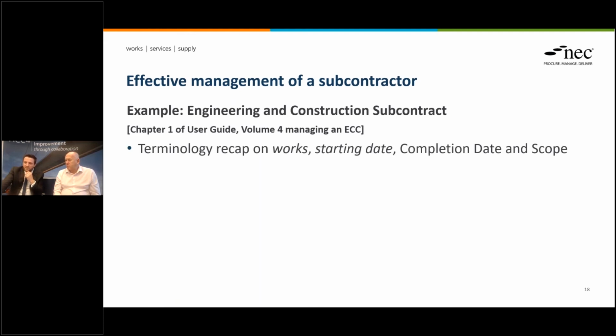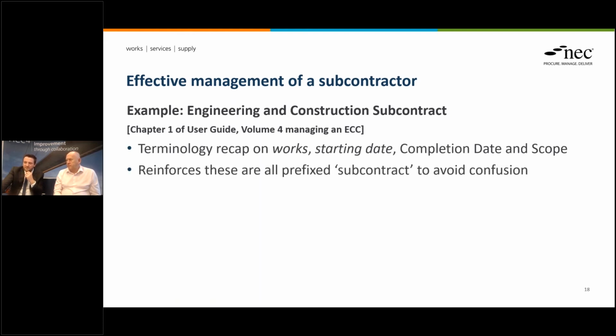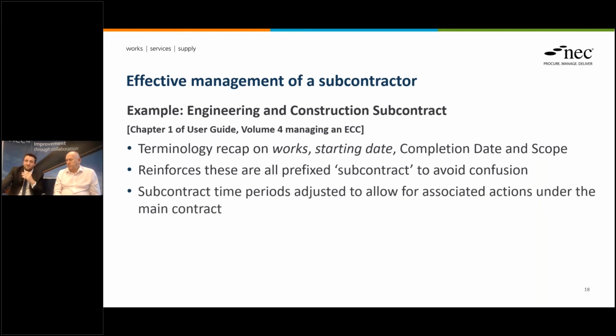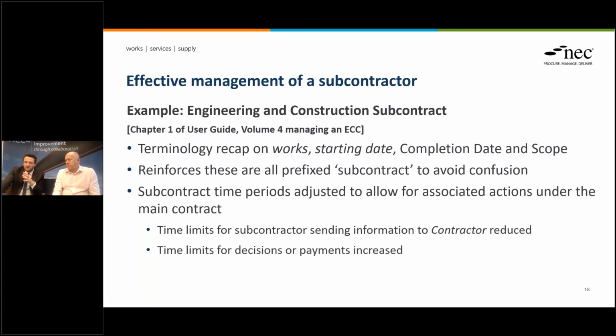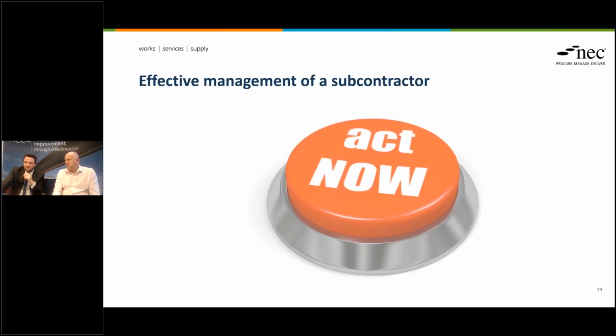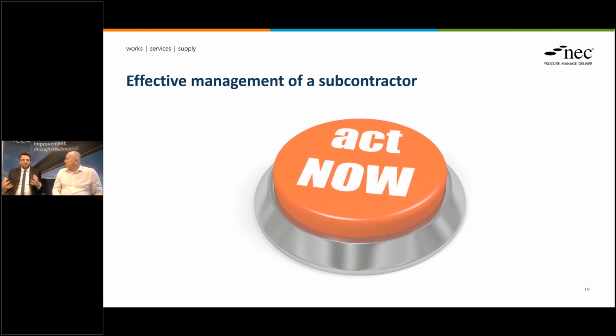Again, there's a terminology recap on various different bits and pieces to avoid confusion, so we don't double up on these terms. It's easy for us to talk about the different contracts within the separate correspondence. And then this point about time periods being adjusted. So there's a bit of knowledge about things that we're doing there. But much more important is this need to act and actually do things practically in a slightly effective way.